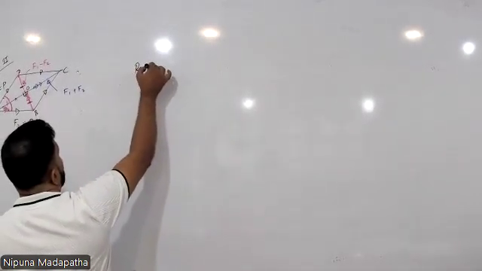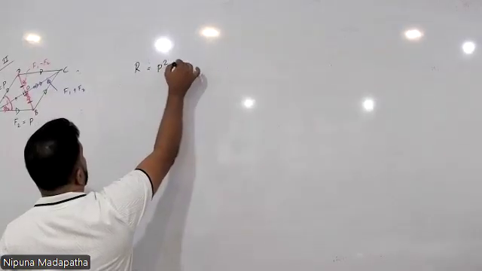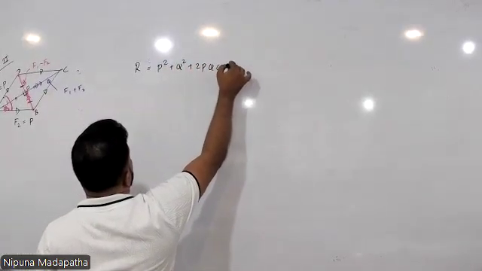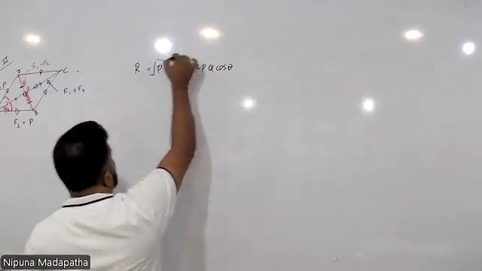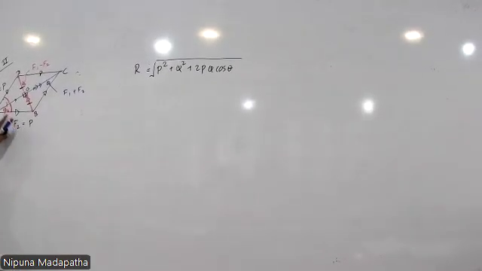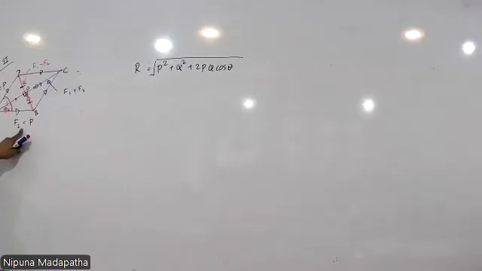This expression: R equals the square root of P squared plus Q squared plus 2PQ cosine theta. Right? So for this question, the values of P and Q are equal.